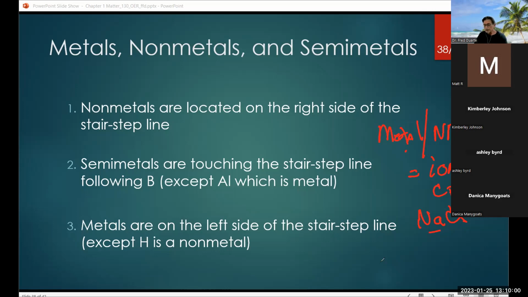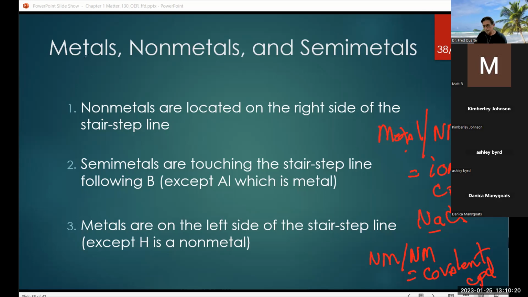When we have a combination of a non-metal combined with a non-metal, we have a compound that we call a covalent compound. A lot more on this, so I'm giving you an introduction.